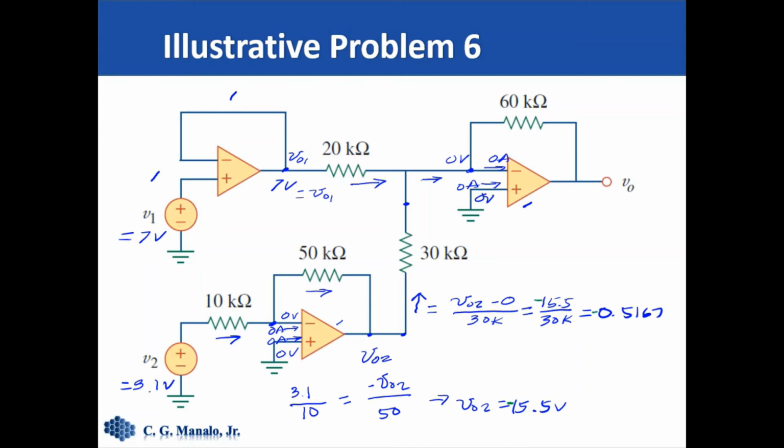Also, for the current through the 20 kilo ohms, that current should equal V01 minus 0 divided by 20K. This should be milliamps, so that would give us 0.35 milliamps.